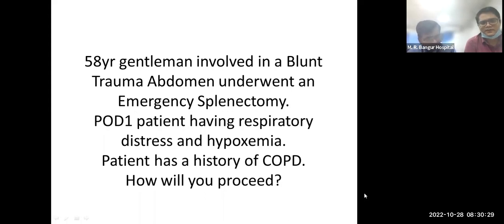This is done by interventional radiologists. So we can put a filter. Yes, you can put an IVC filter. You can go by interventional radiology, either by the transjugular or transfemoral route, and put a filter in the IVC, which will filter the emboli coming from the lower limbs. Okay, Dr. Arko.